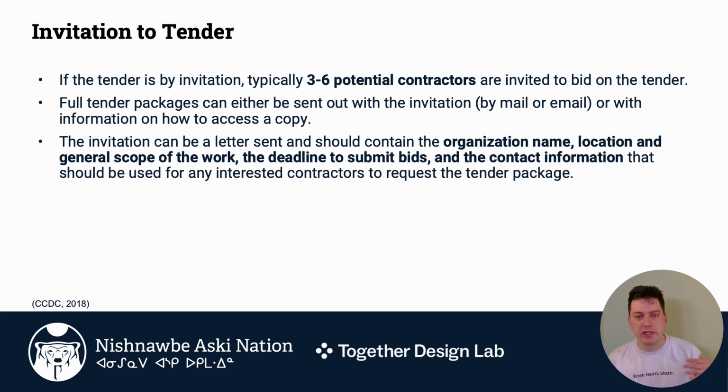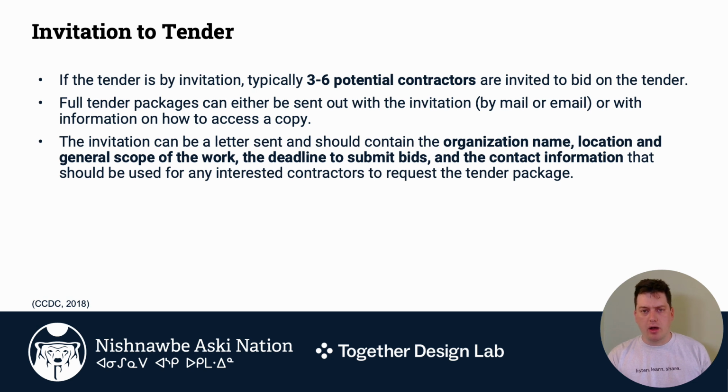And instead, you're going to reach out directly, usually starting with an email, and then if you need to, by sending the full package hard copy by mail, or there's other ways to share those kinds of documents. And typically, you're going to give 3 to 6 weeks to those invited bidders to complete their full bid.